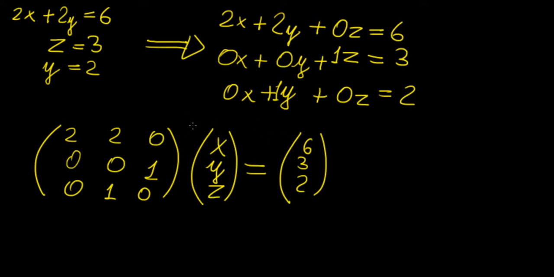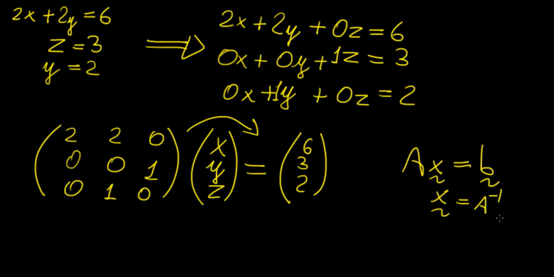Now, in order to solve this system, you know that if you write an equation as Ax equals b, then the solution vector is going to be given by the inverse of A times b. And you might be wondering, well, can we just invert the matrix as we learned in the previous video?